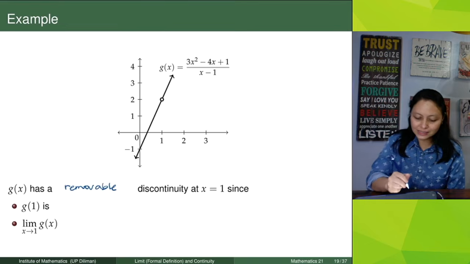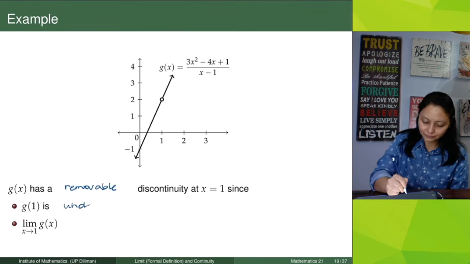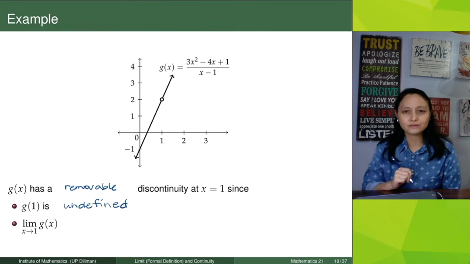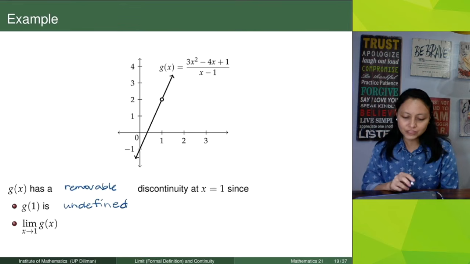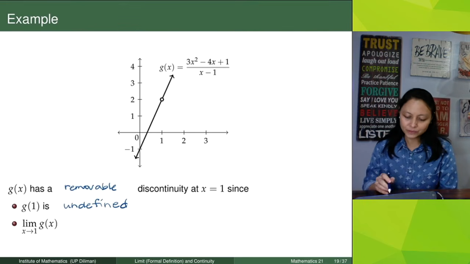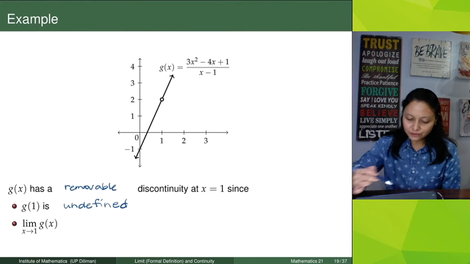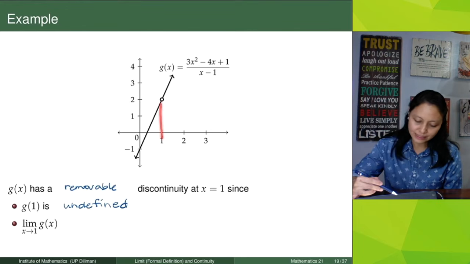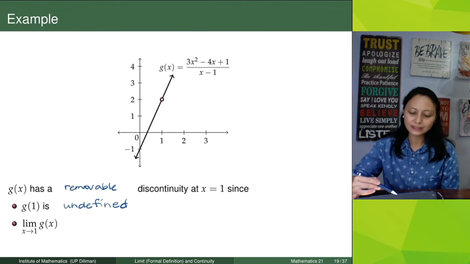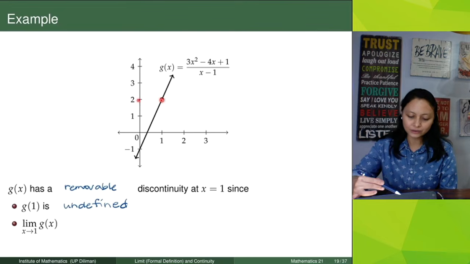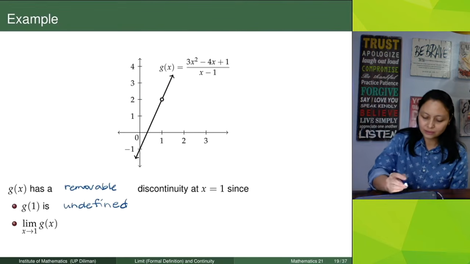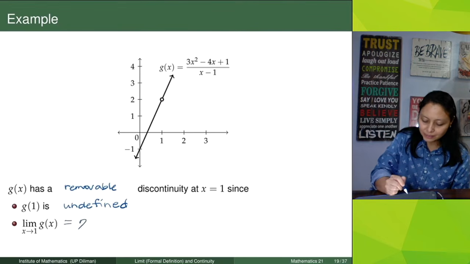G of 1 is, remember, pag removable, pwedeng undefined yung g of 1. And then, the limit of g of x as x approaches 1, kaya bang makita from the graph? As x approaches 1, so, yung value ng g ay palapit dito sa 2. Okay? So, the limit of g of x as x approaches 1 is 2.